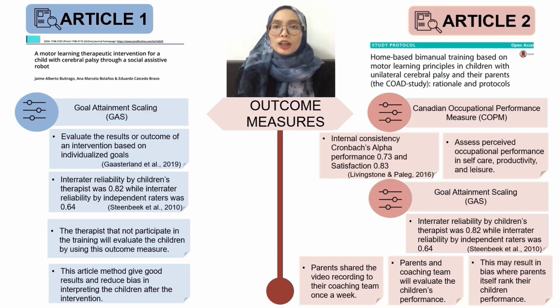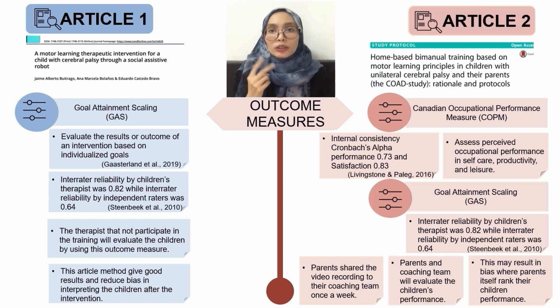Next, for the outcome measure, Article 1 uses goal attainment scaling to evaluate the result or outcome of an intervention based on individualized goals. According to the evidence, inter-rater reliability by children's therapists was 0.82, while inter-rater reliability by independent raters was 0.64.